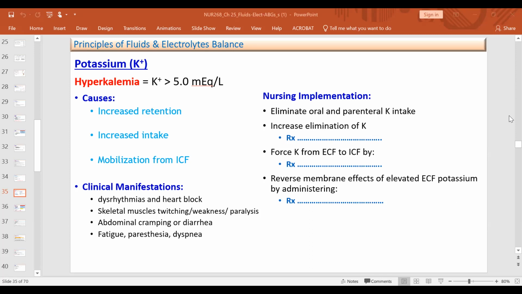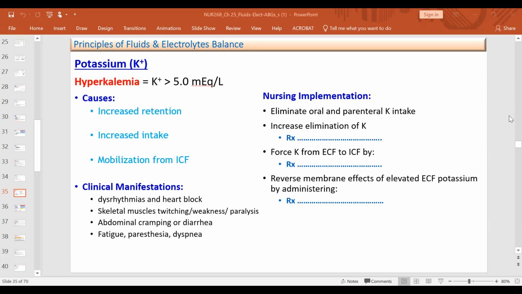The third line of management, for the highest level, an extremely high potassium level, is to be treated with calcium gluconate IV. The mechanism of action of calcium gluconate IV is that the calcium ion can immediately reverse the effect of the depolarization of the cell excitability, and potassium will be rapidly pulled from the vascular space into the cells.